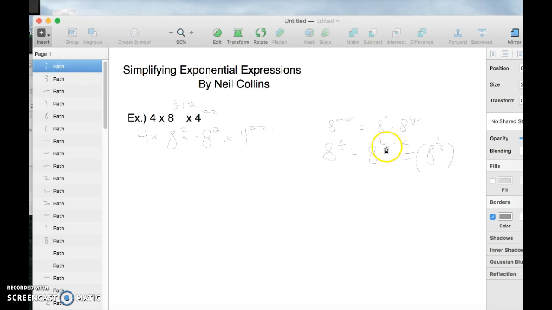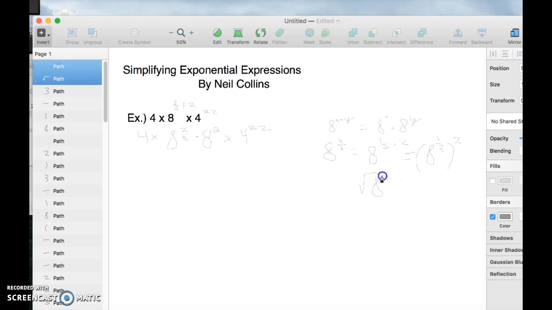So we took that inside base, we're going to leave it on the inside of the parentheses, and we're going to put the outside one to keep the z out there on the outside. We've all done this before. 8 to the 1/3, let's write it like that.